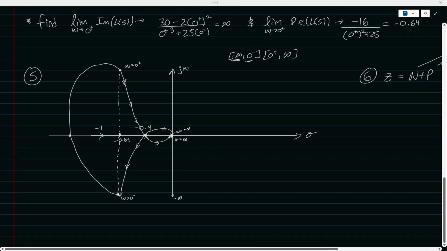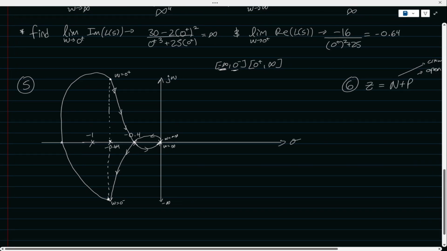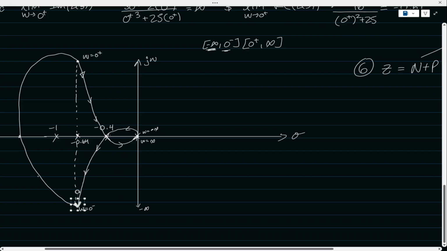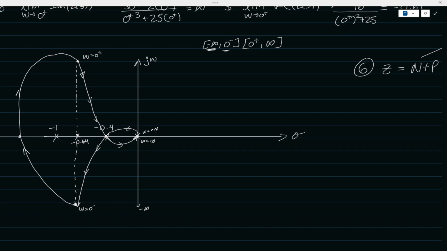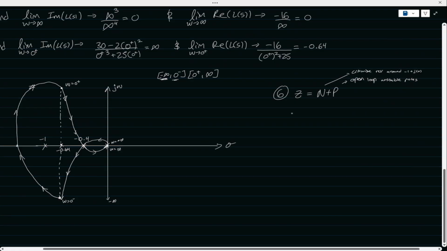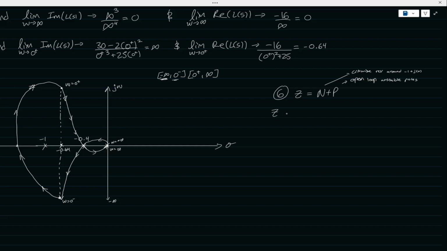I'm going to remove it. This is just a sketch. So yeah. Now for the last step, we could also draw our arrows. This is also very important. Like this. Okay, there we go. For the last step, we have the Nyquist criterion to determine the stability. The Nyquist criterion says that if z is equal to 0, then the closed loop transfer function is stable.